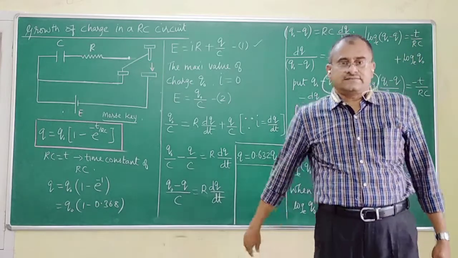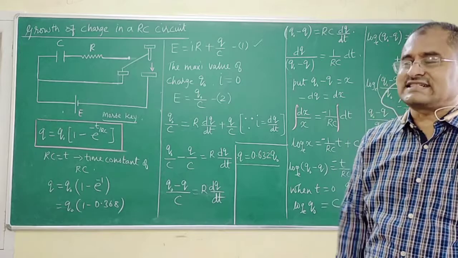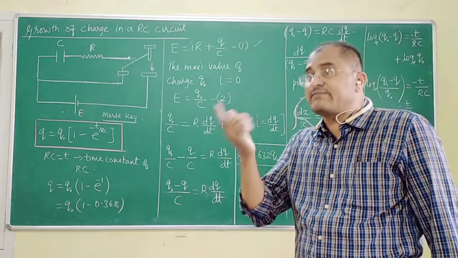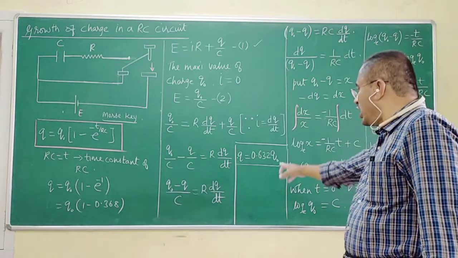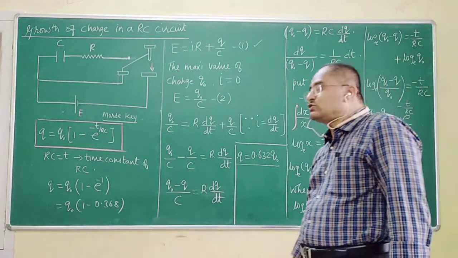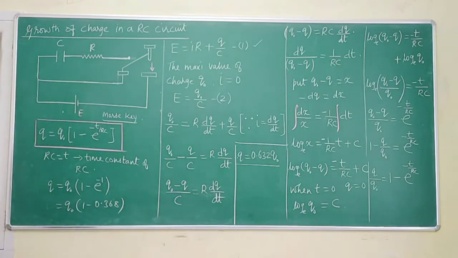The time constant of an RC circuit is defined as the time taken by the charge to grow to 0.632 times its maximum value Q naught.